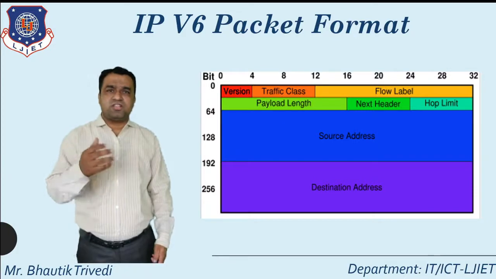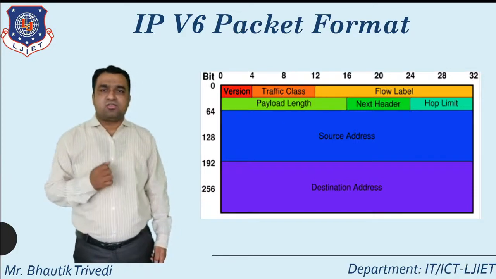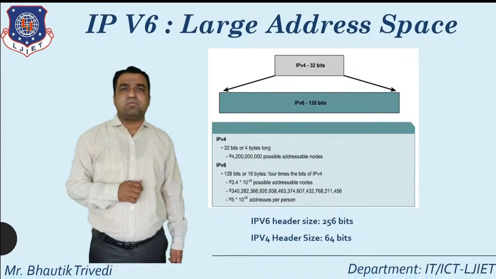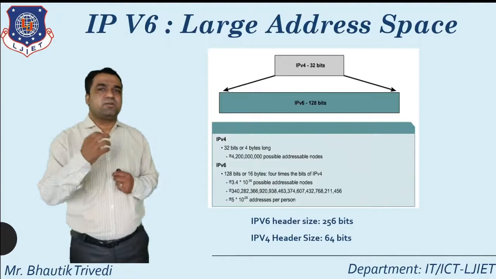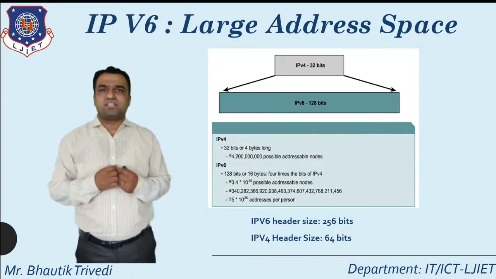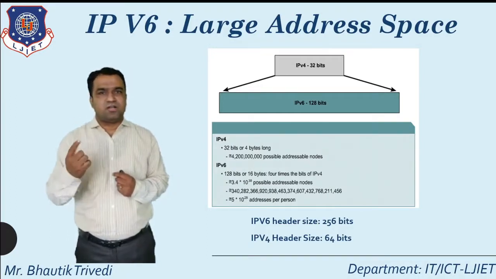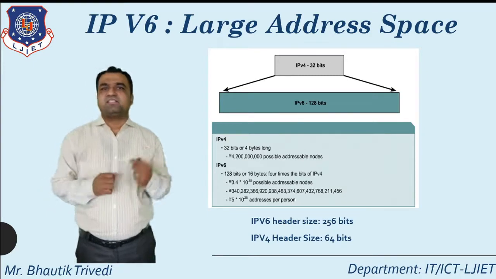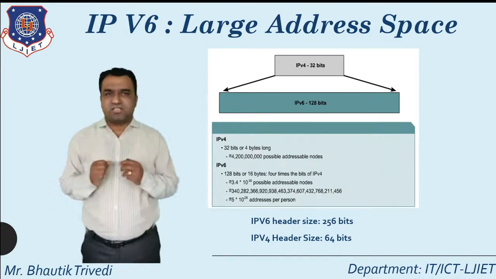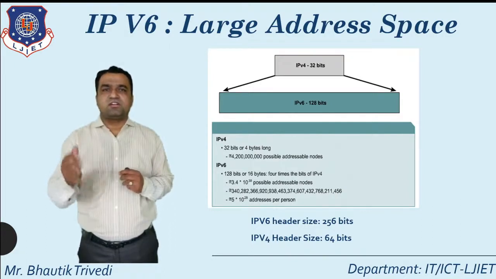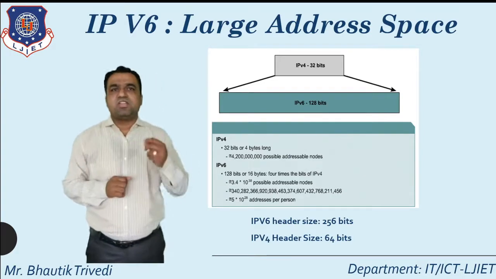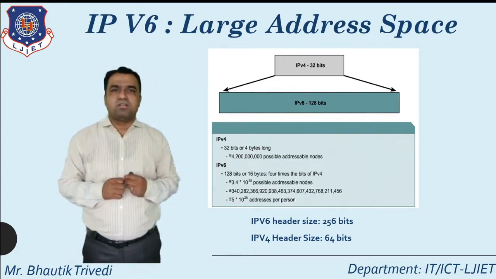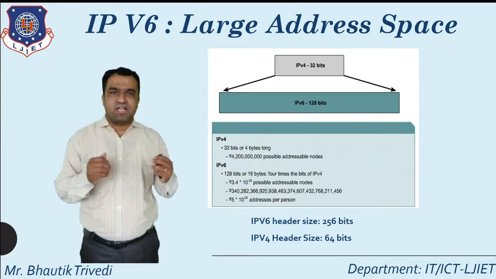First of all, we will discuss each and every field. But before that, you should know the concept of address space. Whenever you talk about the Internet Protocol, you already know that 2 versions are supported: version 4, known as IPv4, and version 6, known as IPv6. Here you see IPv4 contains 32 bits, and IPv6 contains 128 bits.